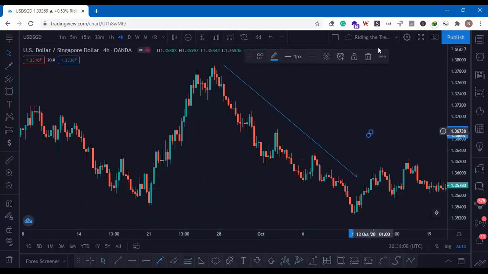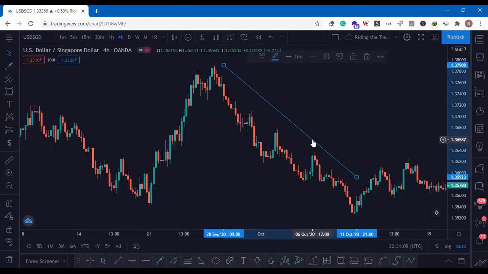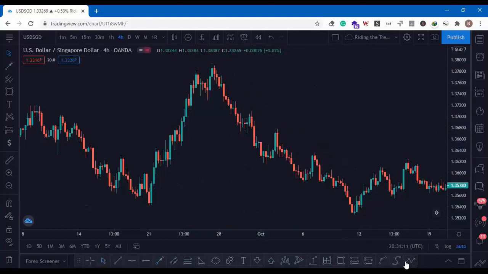You see that price was in a trend that is coming down, and that is a bearish trend or a downward trend. Now, if we are to mark the structure, you can see that price came down here, went up, came down, went up, came down, went up, came down, went up.